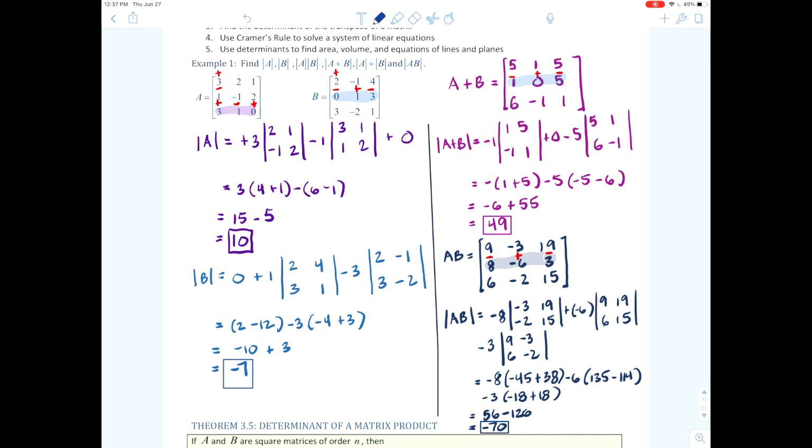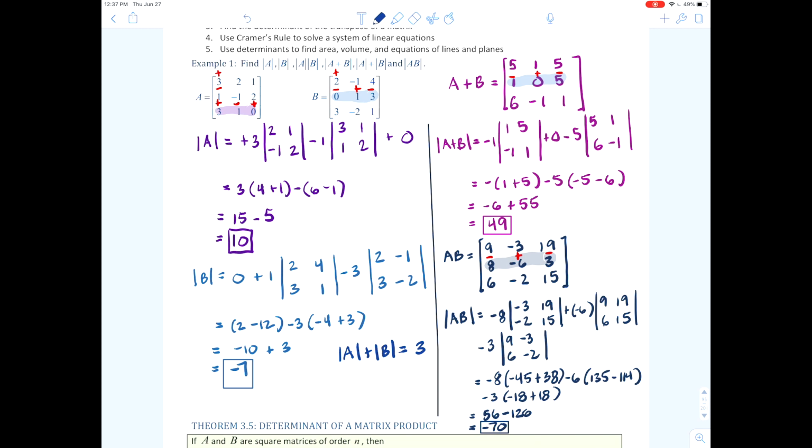Okay, now that we did all these determinants separately, why don't we check out some potential properties? We got the determinant of A is 10 and the determinant of B is -7. So the determinant of A plus the determinant of B would equal 3, correct?